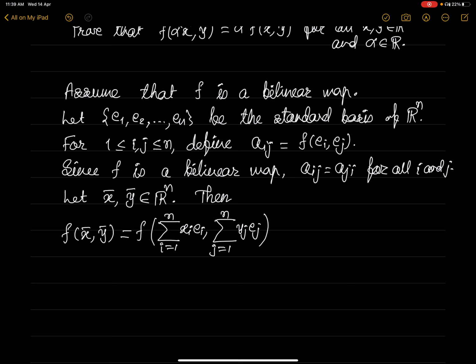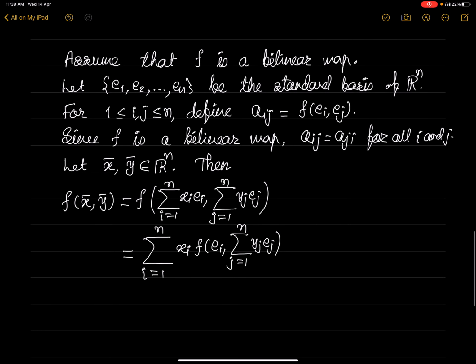Right, and now because f is linear in the first coordinate, this is going to give us summation i from 1 to n, xi f of Ei, summation j from 1 to n, yj Ej.